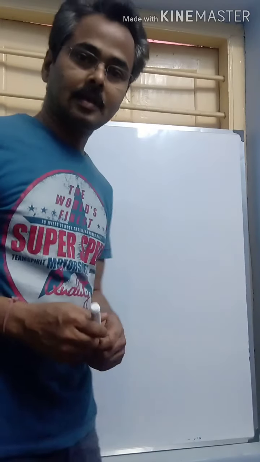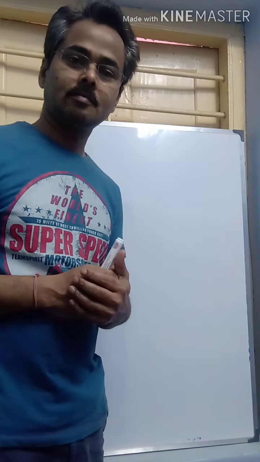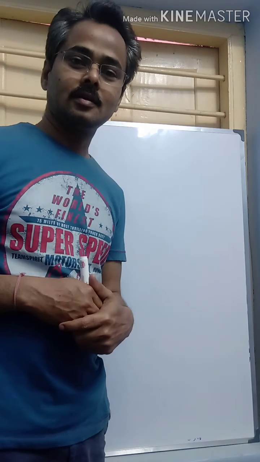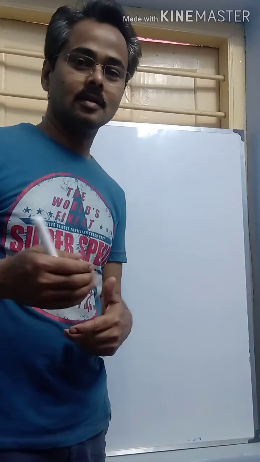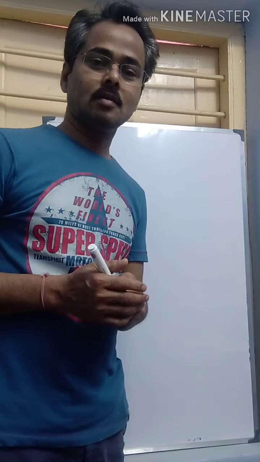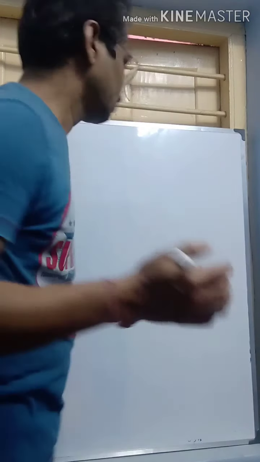Hi, let us begin the statistics of paramagnetism using the canonical ensemble theory, and we had already done in our previous video the classical approach. Now we are trying to deal with the quantum mechanical approach.